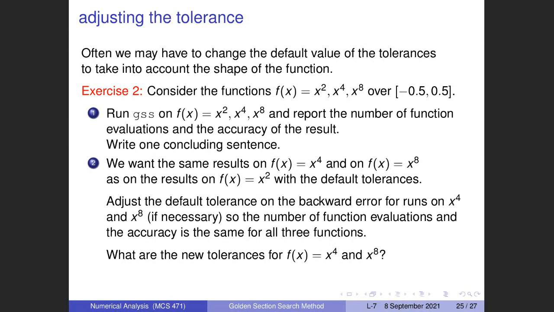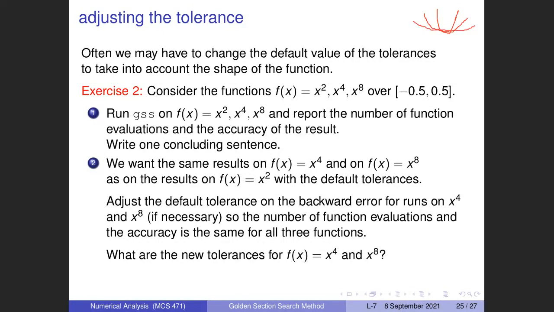If you remember the shape, we start with a parabola, then we have x to the power 4, and then x to the power 8. Over the interval, the functions are getting flatter and flatter. So in the picture, you have the parabola here, then the quartic, and then x to the power 8.